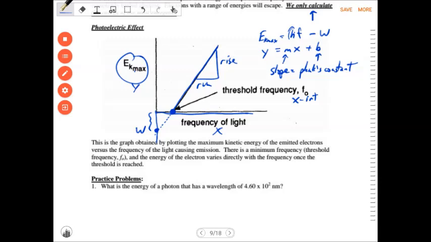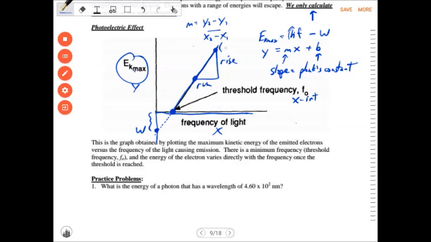Now remember, slope is y2 minus y1 over x2 minus x1. We might have to use that for some of our assessments later on. You pick 2 points so you can find your y2 and y1 and your x2 and x1.